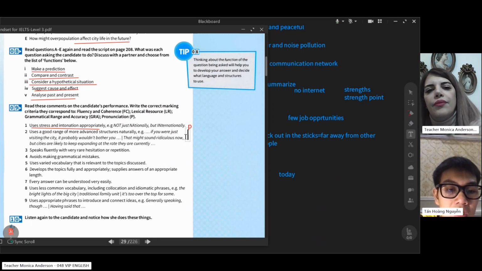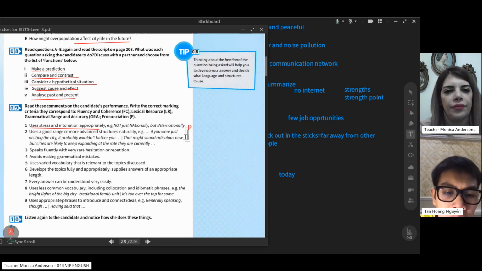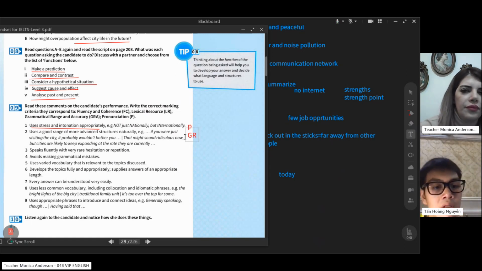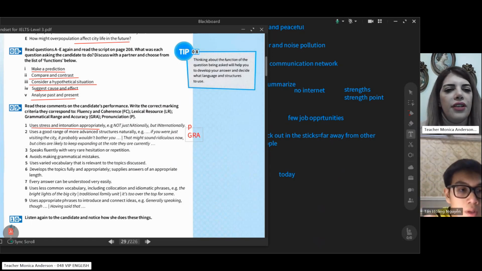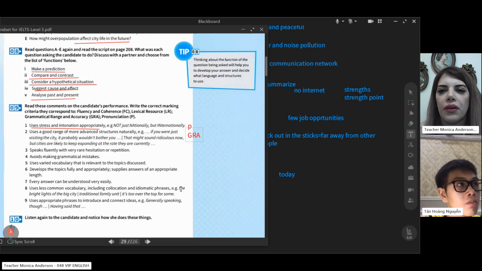That might sound ridiculous now, but cities are likely to keep expanding at the rate they are currently. I think that's grammatical range and accuracy. GRA, of course. If we use some advanced structure, the band will be higher.